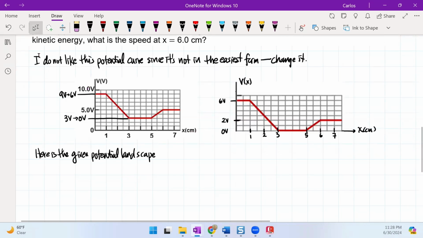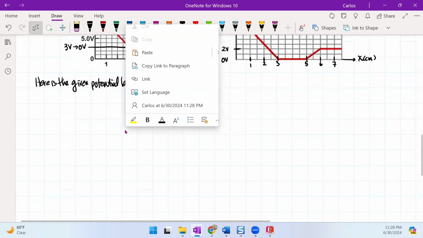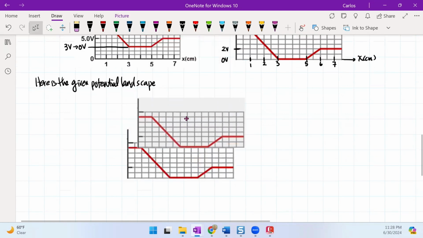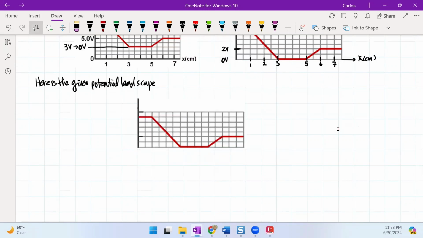When I'm looking at this, I'm really seeing a potential function, and this piece that I'm shading in yellow here means no particle can come into this region right here. None.